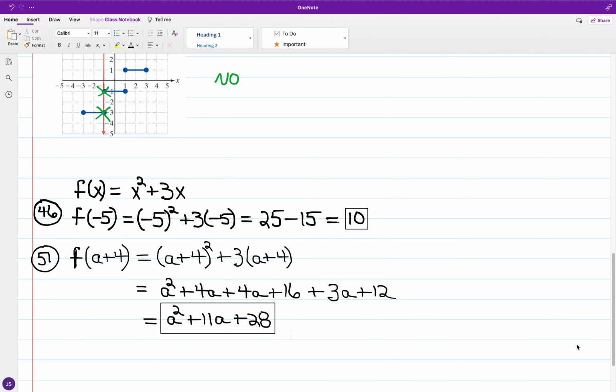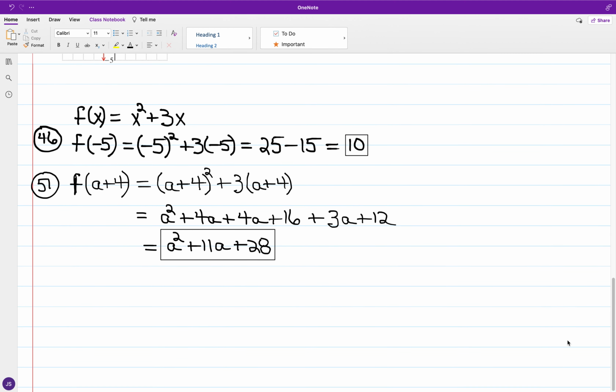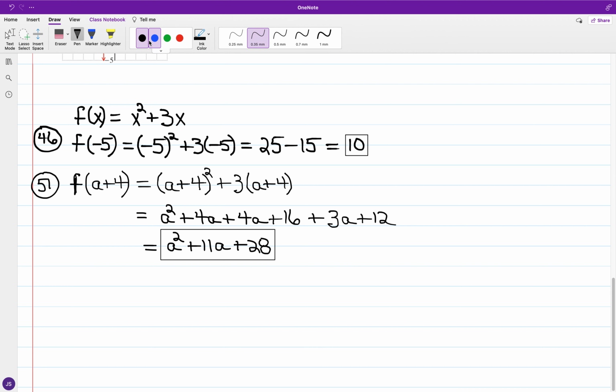Among the functions, along with f of x equals x squared plus 3x, we also have presented the reciprocal function where g of x is equal to 1 over x. And just a couple of items referencing this reciprocal function, we have number 39, g of 3.